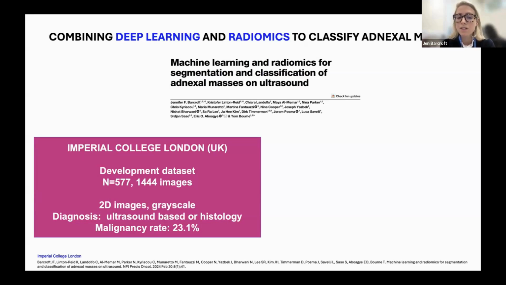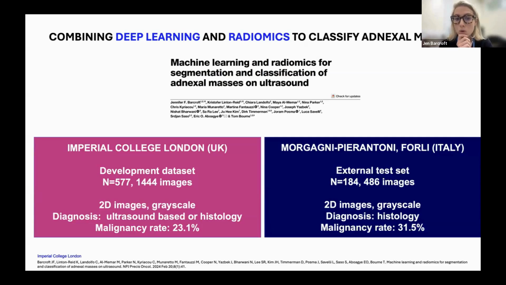So we used a development data set from Imperial, and this was just under 600 women and 1,400 images. So we used more than one image per patient. And they were all 2D grayscale images without calipers or any color Doppler.